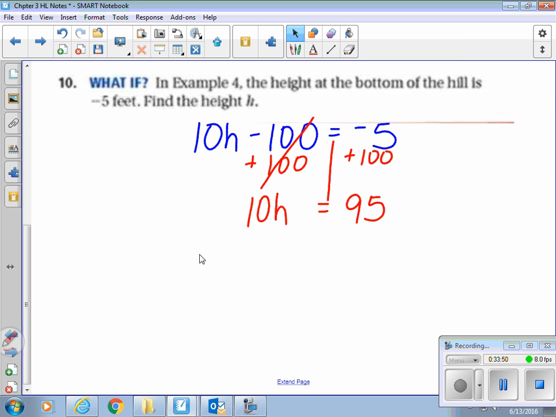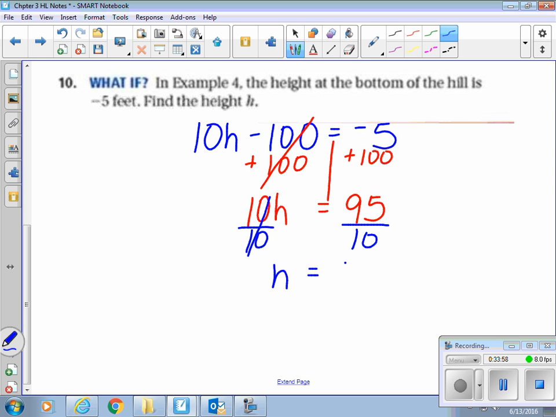I then need to divide both sides by 10 to get h alone. That cancels out to h. 95 divided by 10 would give me a height of 9 5/10 feet. Then we can substitute that value in to check to make sure we did it correctly.